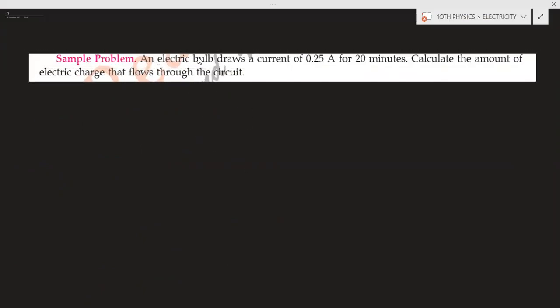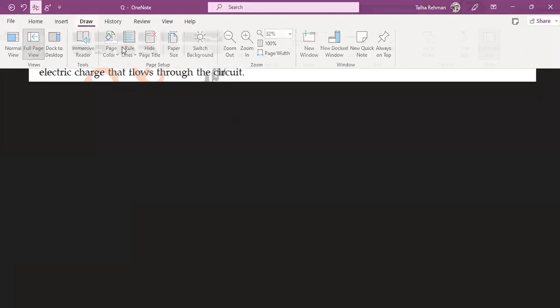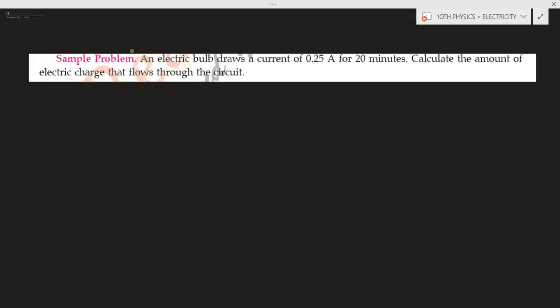They are saying an electric bulb draws a current of 0.25 ampere for 20 minutes. Calculate the amount of electric charge that flows through the electric circuit. So in this question, what is given?